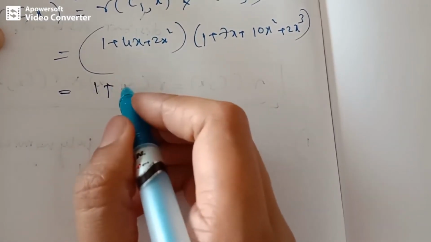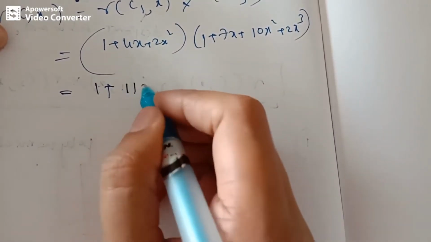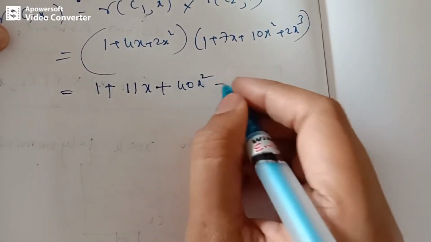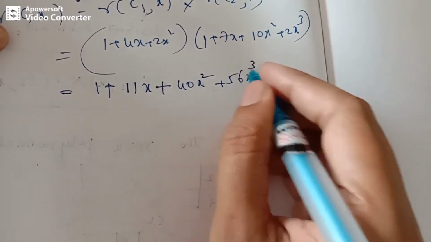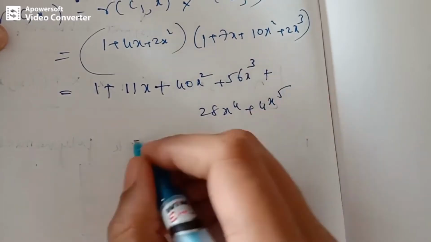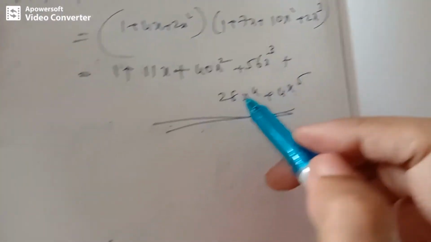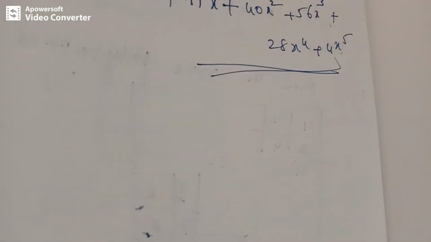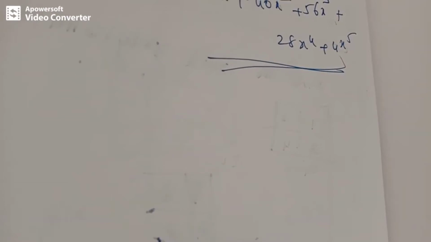Actually we will get 1 plus 11x plus 40x square plus 56x cube plus 28x to the 4 plus 4x raised to 5. You can keep it like this, or you can simplify it further. This is one such problem under the product formula.